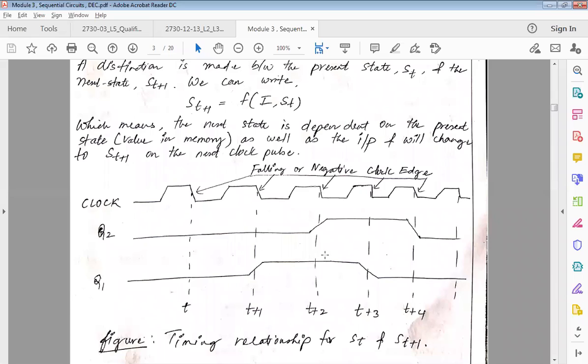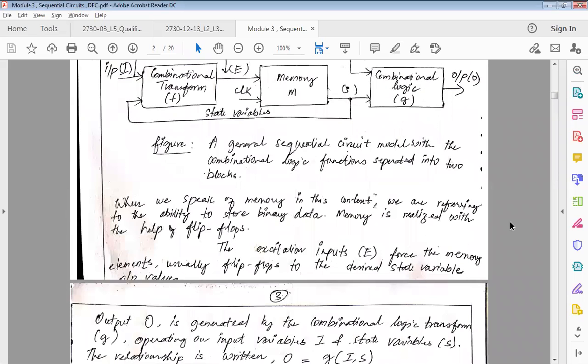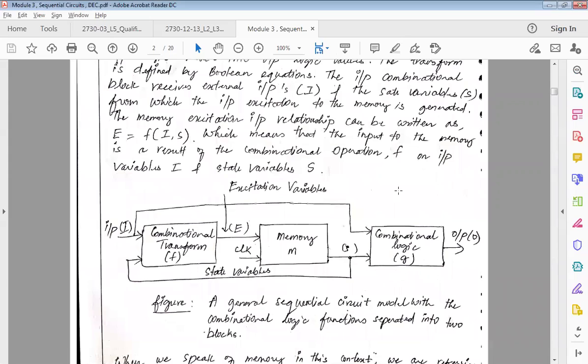Any doubts? Do you want me to repeat any section now? Sir, can you explain the excitation and state variables once again? Fine, let's get back here. Excitation variables we get from the combinational logic.